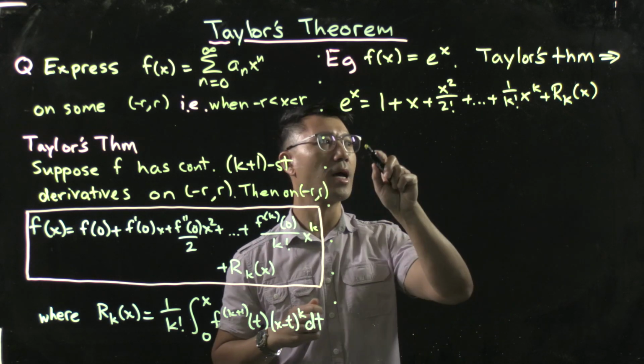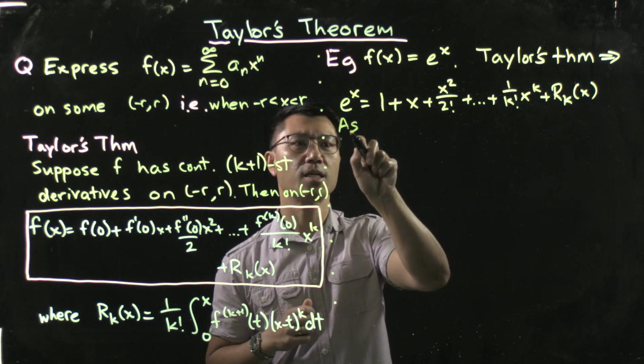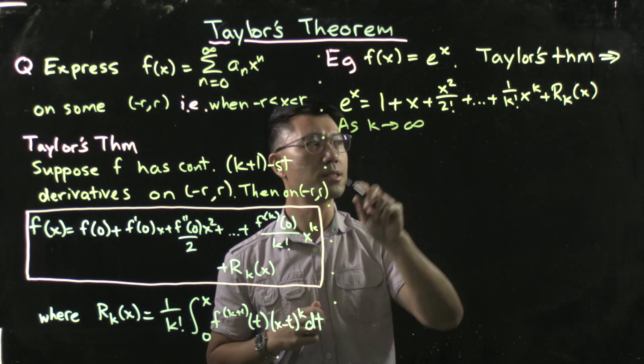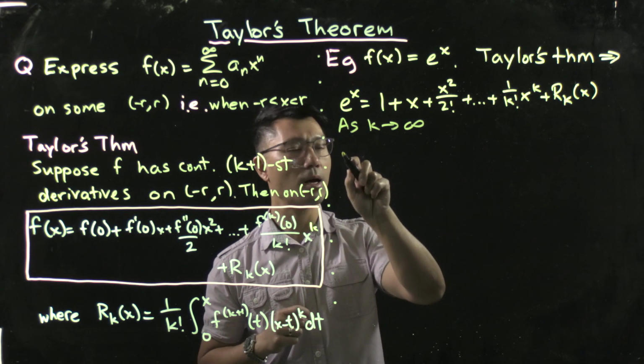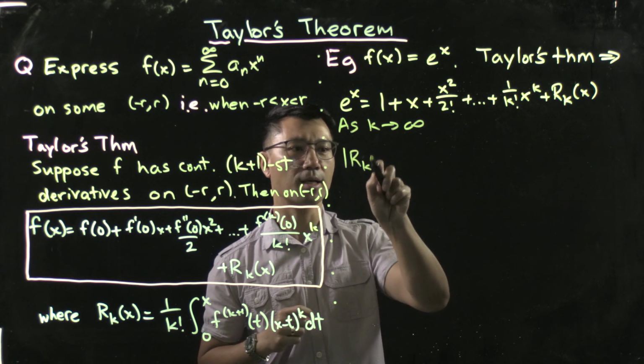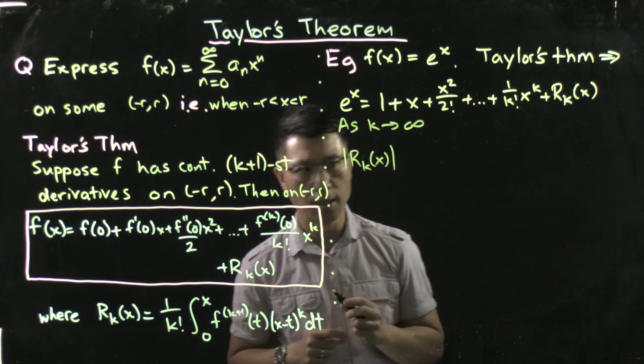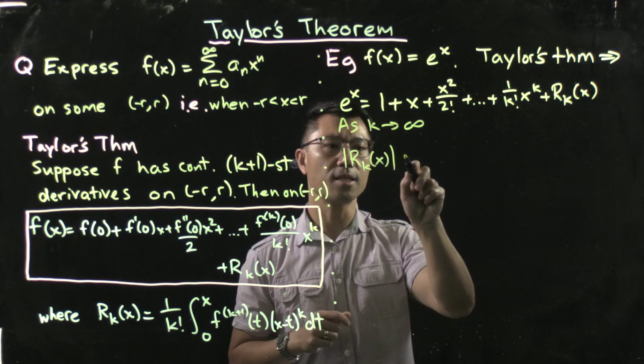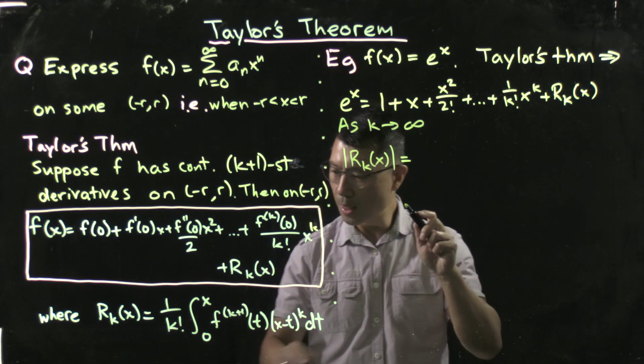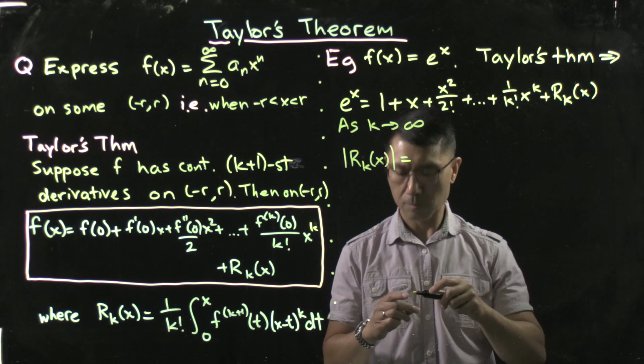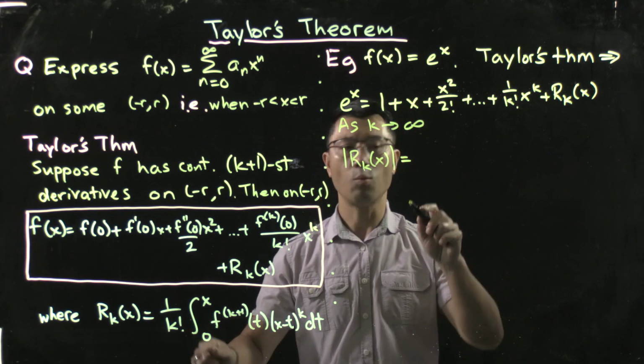Okay, so let's see what happens to this R_k of x as k goes to infinity. What is this equal to? We just use the formula here and write this out. Firstly, you'll have 1 on k factorial.